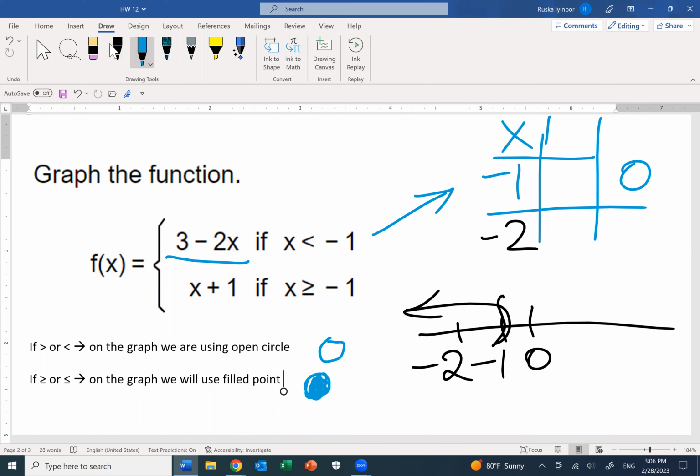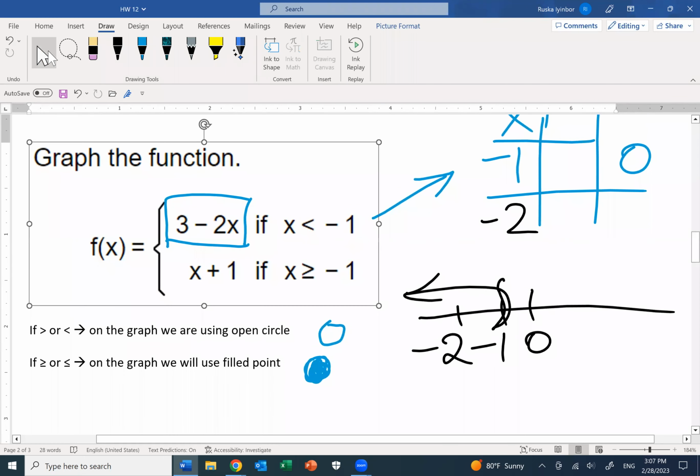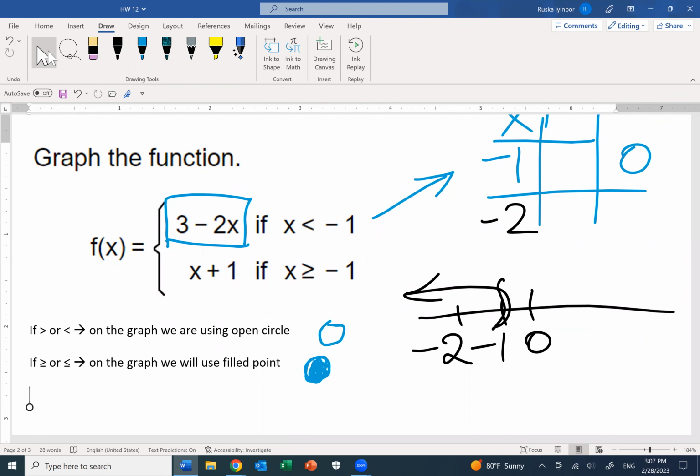And then you plug negative 1 and negative 2 into this equation. The function we're using right now is 3 minus 2x. So when I replace x with negative 1, I get 3 minus 2 times negative 1.